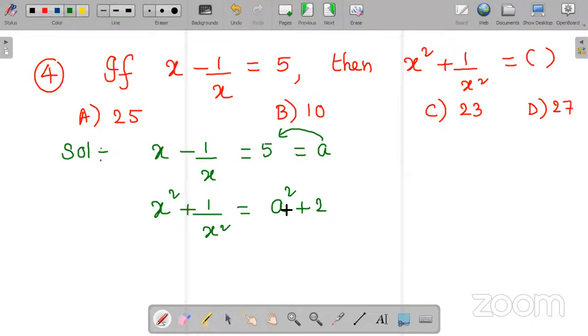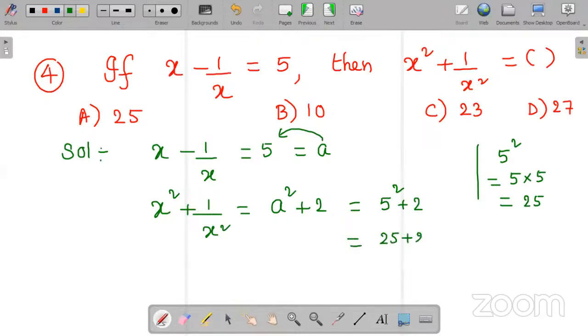That means 5 square plus 2. What is 5 square? Don't get confused, my dear students. 5 square means 5 into 5, that is 25. Add 2, you will get the answer: 25 plus 2, answer is 27. So D is the right option.